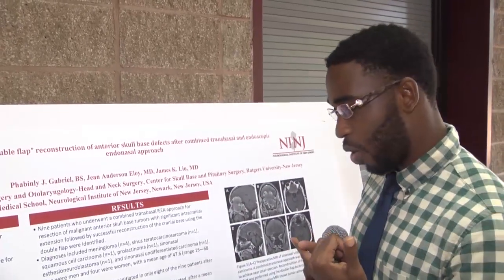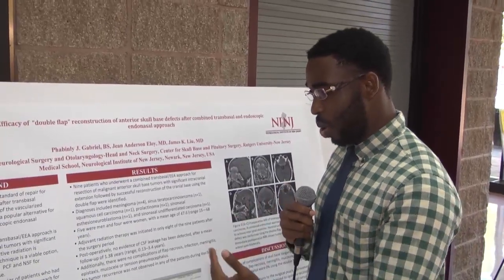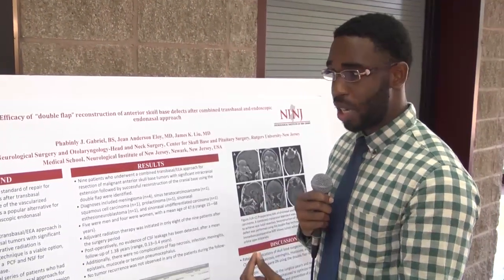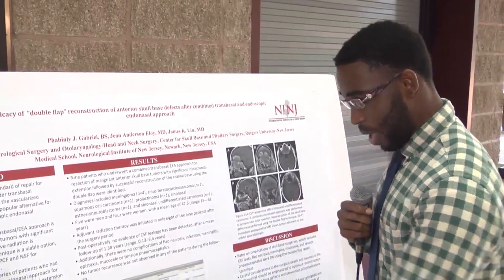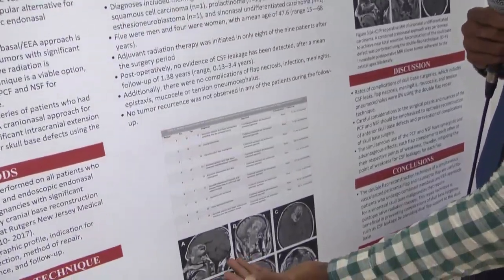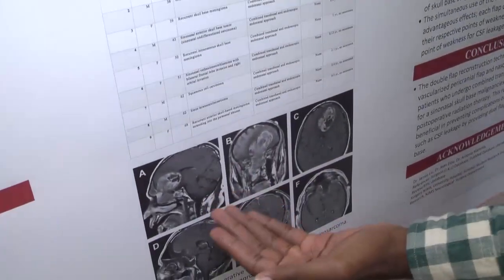There also were no secondary flap necrosis, infection, meningitis, epistaxis, or tension pneumocephalus as well, and that's a good thing. Usually those are major complications of skull base surgeries. Here is an MRI depiction of what happens in a patient that has a tumor in the intracranial compartment.